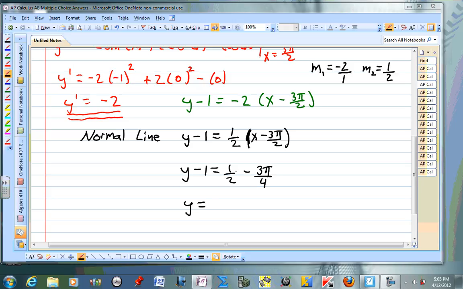Oops, forgot the x here. There we go. Y minus 1 equals 1/2 x minus 3 pi over 4. And now we'll add 1. So we'll get 1/2 x minus 3 pi over 4 plus 1. Let's write that down and then look at the options, see if we have to simplify that at all. No, we don't. This matches option letter C.